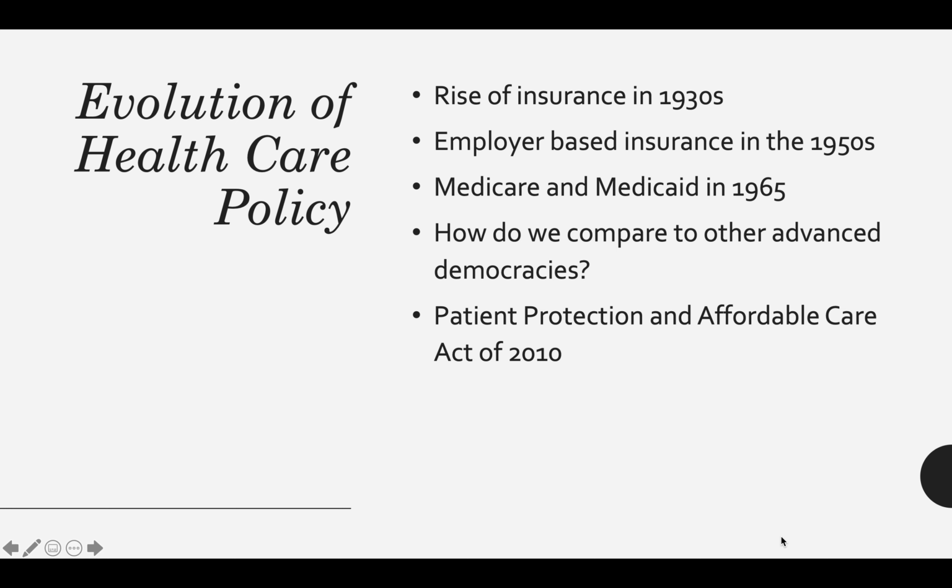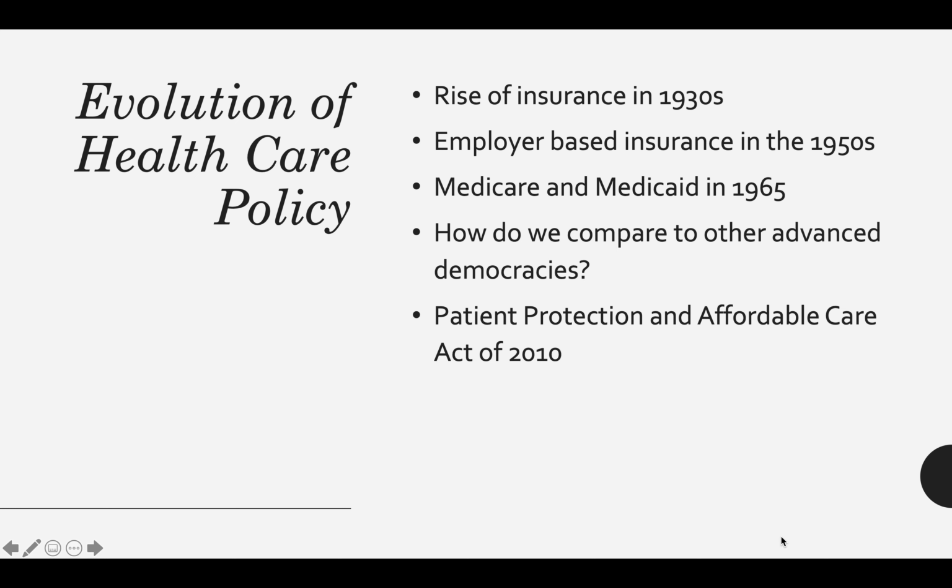So let's first talk a little bit about the evolution of healthcare policy. We saw the rise of health insurance in the 1930s, and an insurance-based system like we have today.